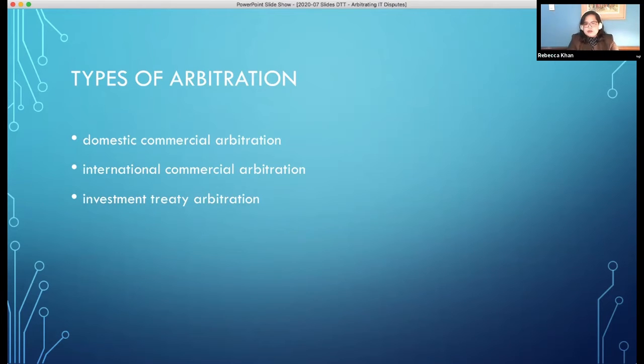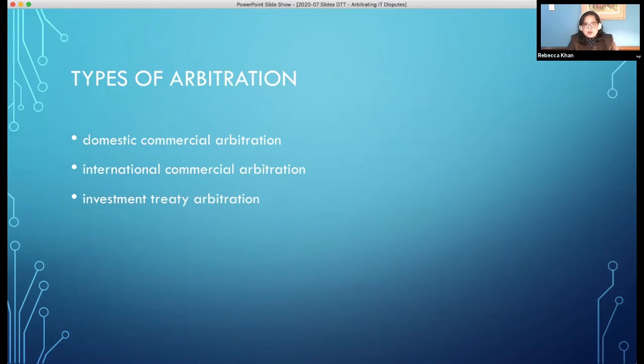So arbitration, whether it's a domestic arbitration or an international arbitration, the arbitral awards that result from it can be enforced in theory anywhere in the world. But most likely, if you have clients dealing with projects in the Philippines, you're probably going to want to enforce in the Philippines if there are assets to enforce against. But the great thing about arbitration is the portability of the decisions rendered in arbitrations.